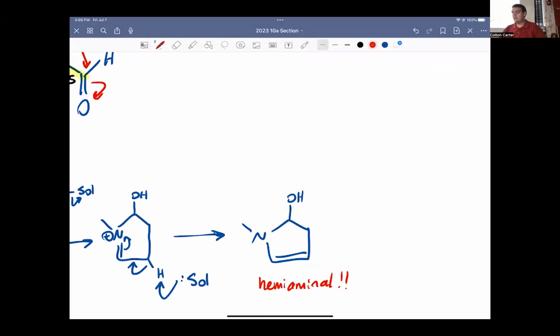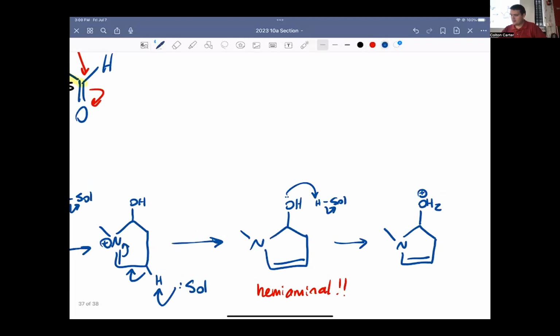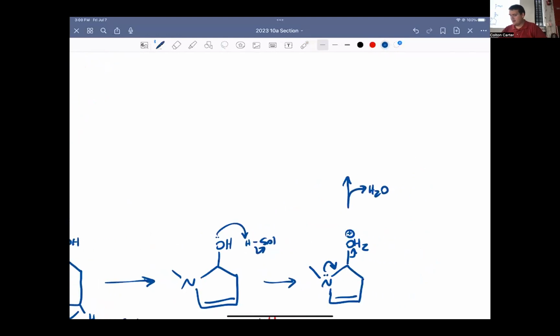So let's protonate it and then do our lone pair push. Our nitrogen has gotten fed up and wants this water out of here. The lone pair pushes in, kicks off the water. And then we are so close.